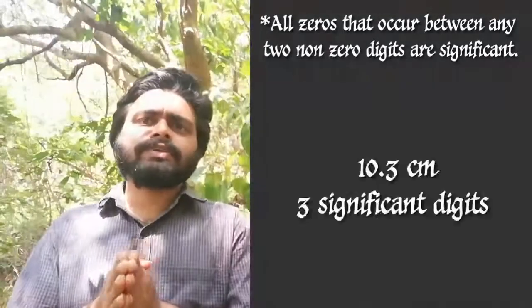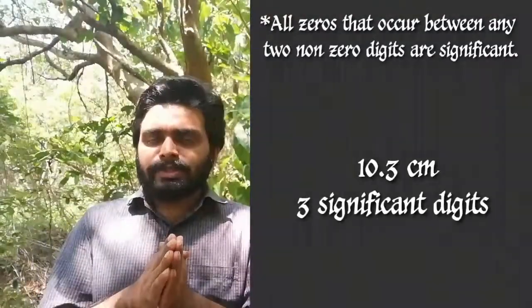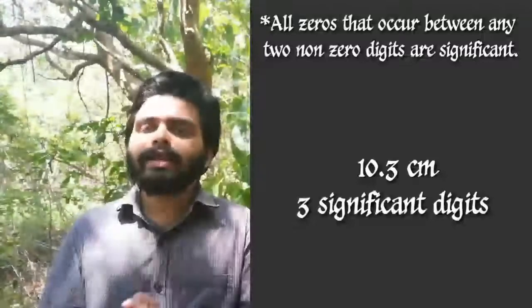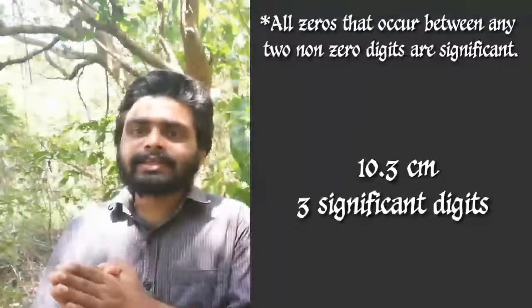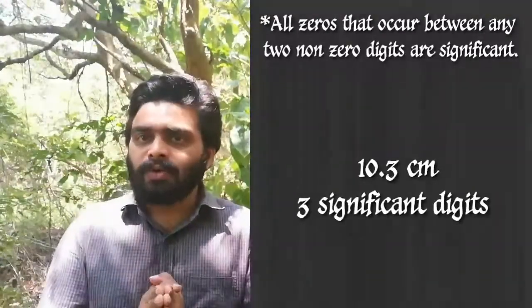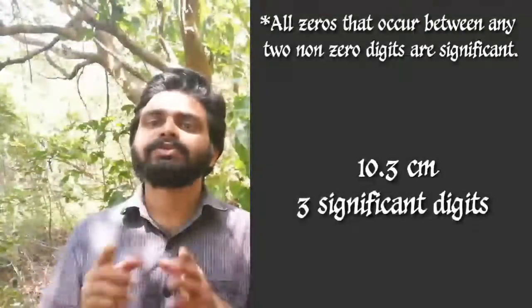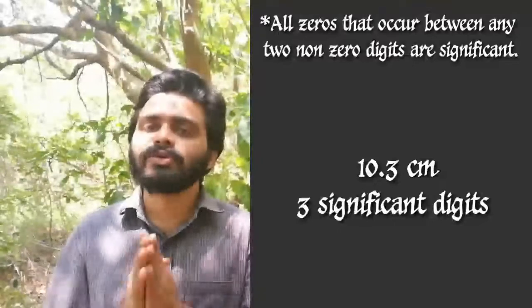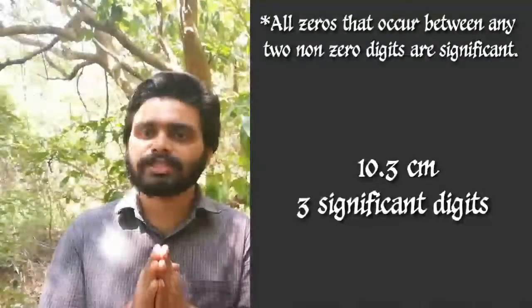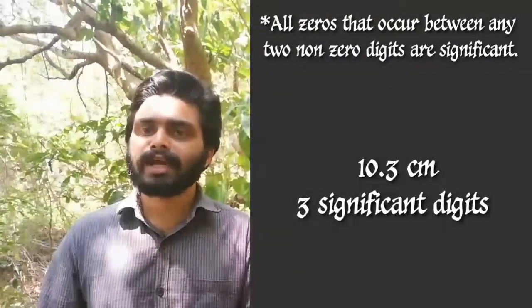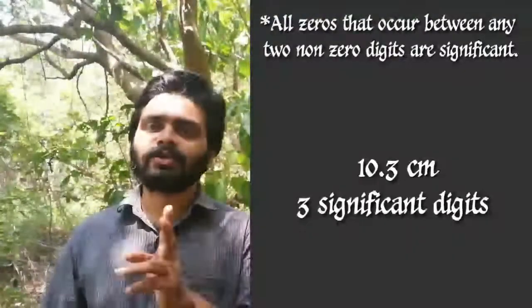For example, in the first measurement, 10.3, the 0 lies between the non-zero numbers 1 and 3, so we consider that 0 also significant. The significant digits in that one are 1, 0 and 3.